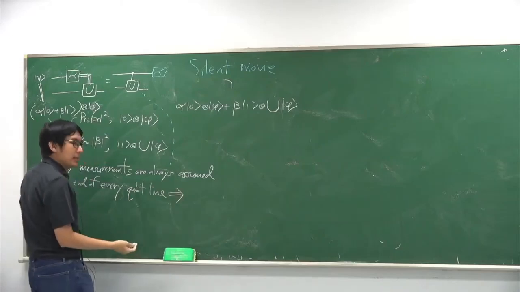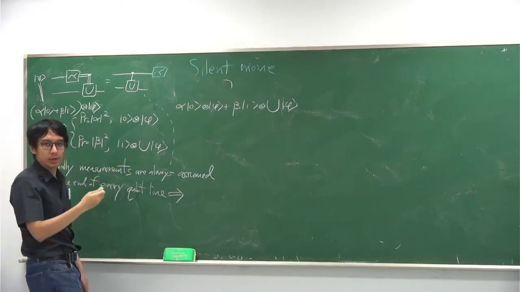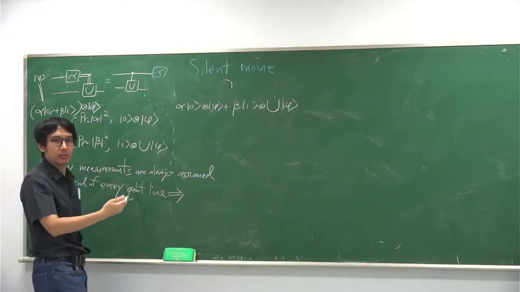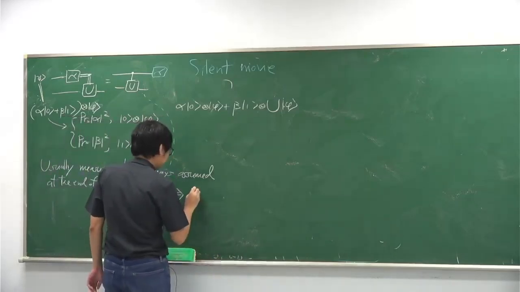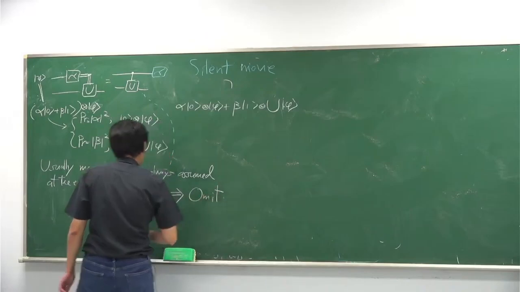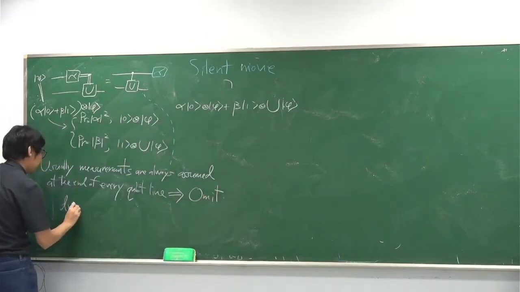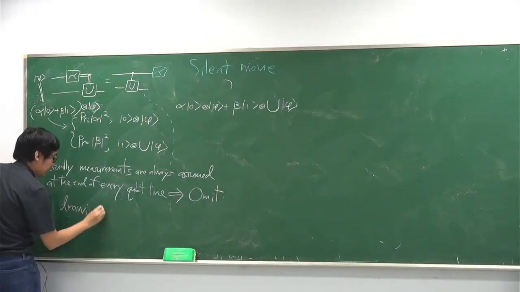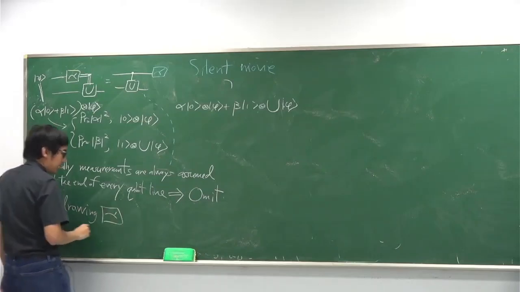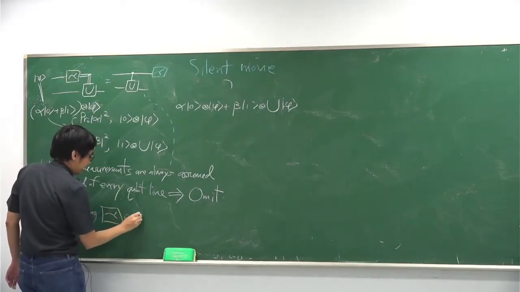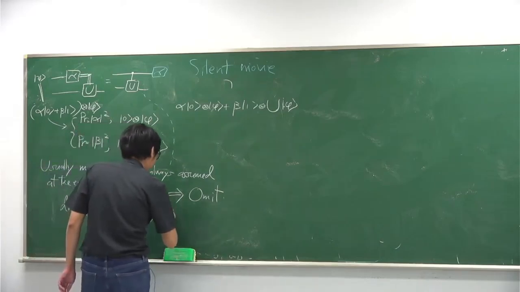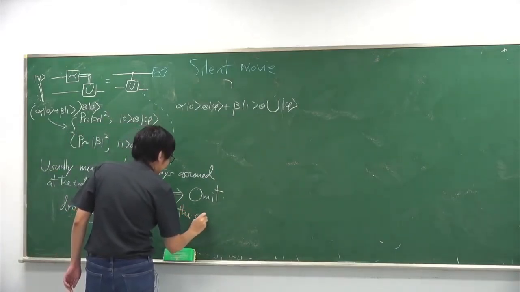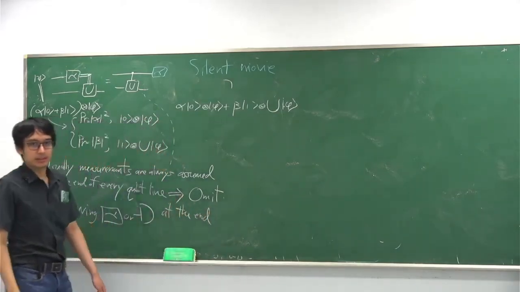And therefore, the measurement after the circuit is usually omitted from the diagram, so you just don't draw the measurement box or the measurement line at the end of the circuit.